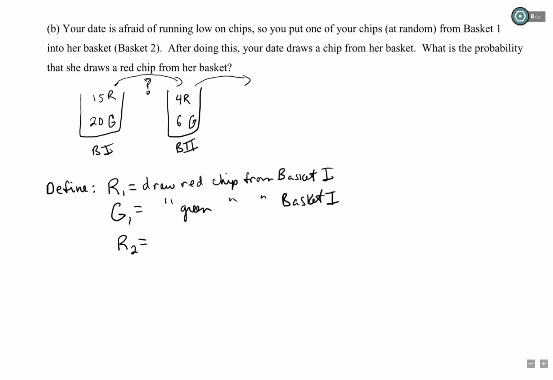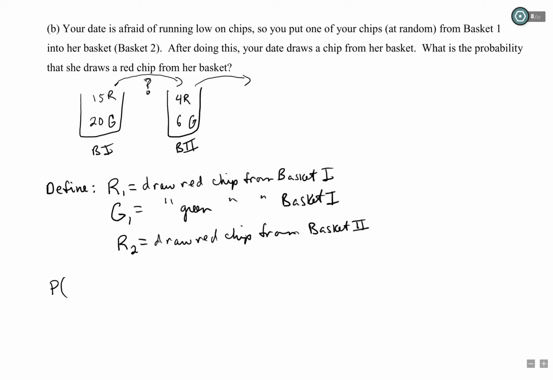So I'm going to define this other event R2 as the event of drawing a red chip from basket 2. Okay? So when I think of how could I draw a red chip out of basket 2 in this particular setup, I could do it in a couple of ways. I can move a red over from basket 1 to basket 2, then out comes a red, or I can move a green from basket 1 to basket 2, and then out comes a red.